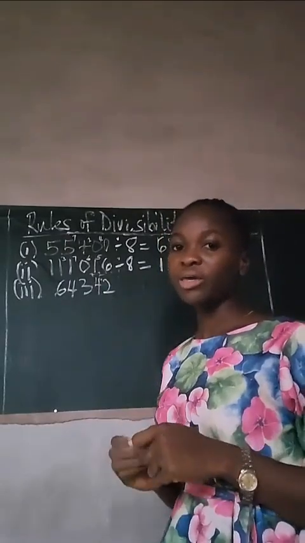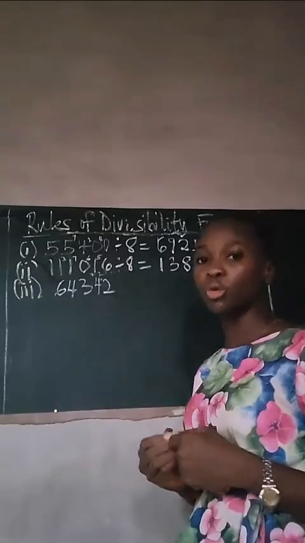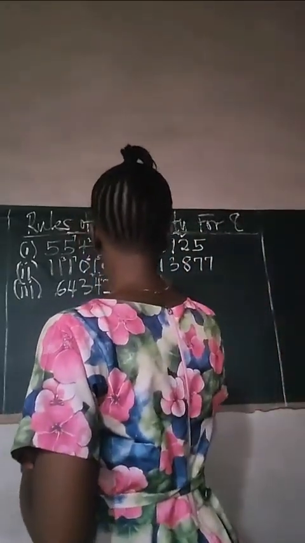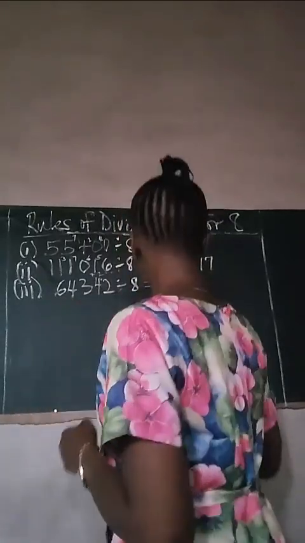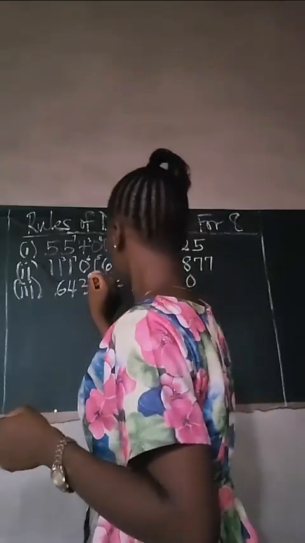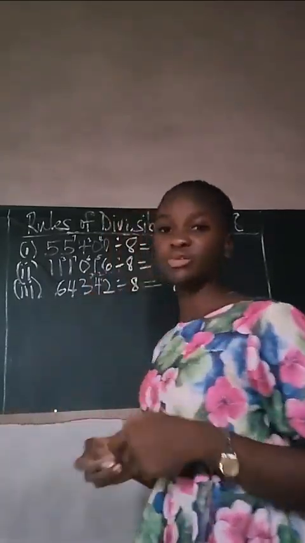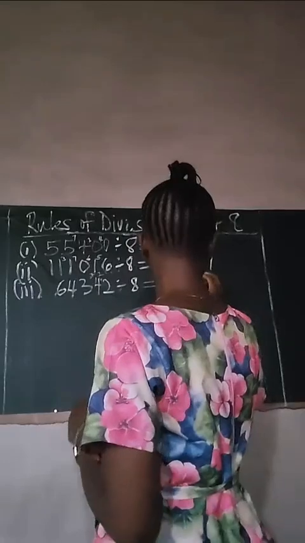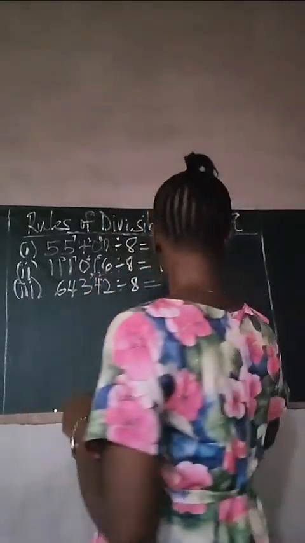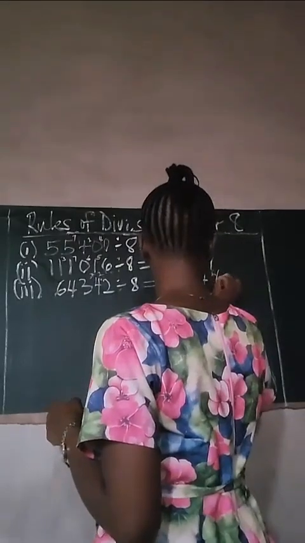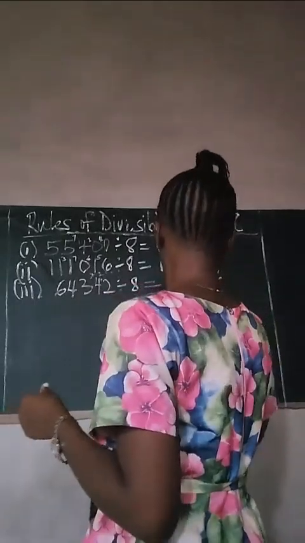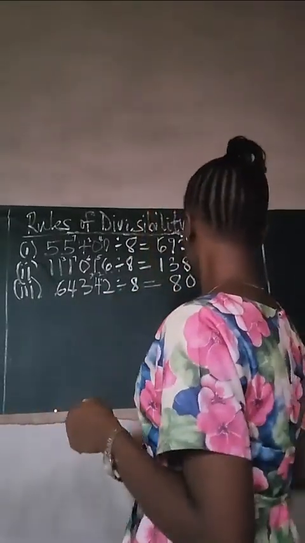So let's check if 64,342 will be divisible by 8. 8 in 64, that's 8, remainder 0. 8 in 3, we have 0, remainder 3. Take the 3 to the other side to make it 34. 8 in 34, that's 4, remainder 2. 8 in 22, that's 2, remainder 6 over 8.